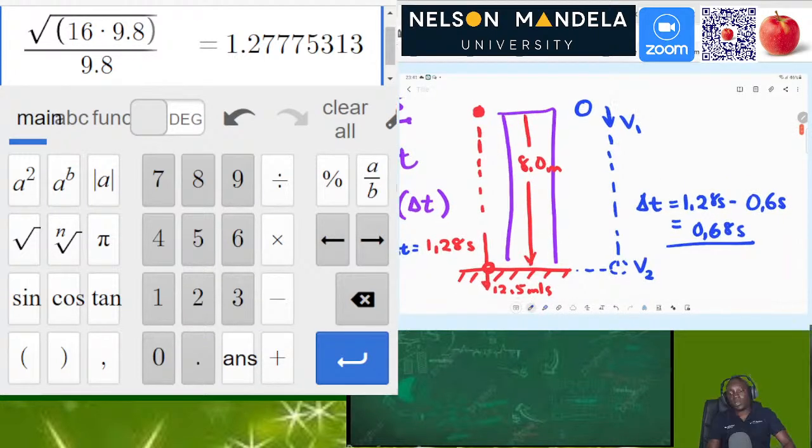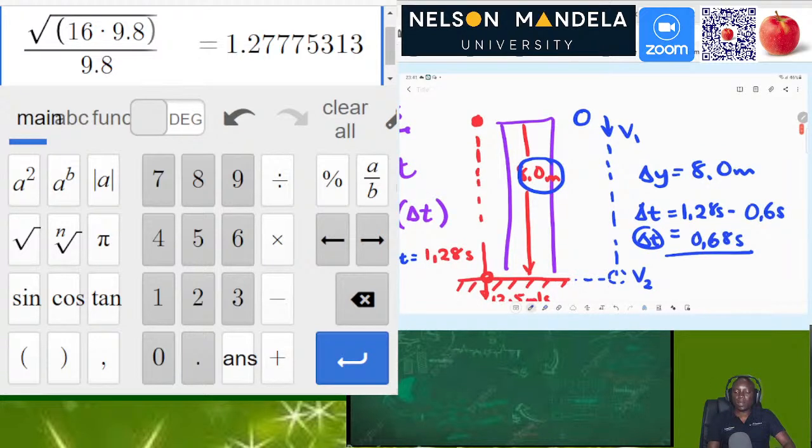Okay, so we have the displacement delta y, we have the time for ball B. We don't know these two velocities, but we also have gravity as 9.8.